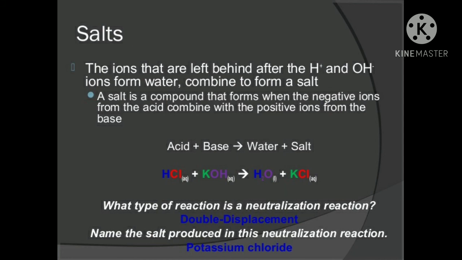Now we can take the example of sodium hydroxide taken in excess with sulfuric acid. The salt formed is normal salt, that is Na2SO4 plus water.